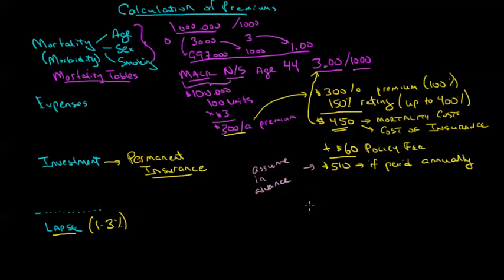So then the insurer has that money available to pay claims out throughout the year. If you don't want to pay it in advance, that is, if you want to pay it monthly, then we're going to add a policy fee or a policy factor. And this policy fee or policy factor might be in the realm of, let's say, 8%.